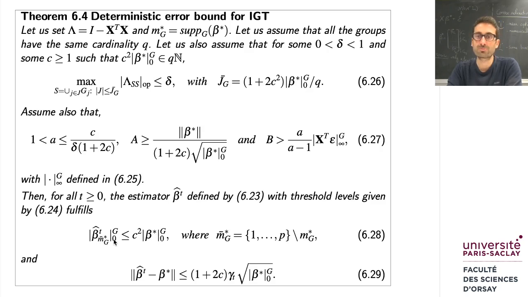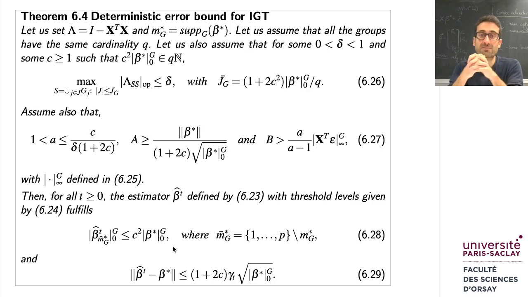So we do not select too many groups outside of the group support of beta star. This is really the same statement as before, but for groups. And we have this bound, which holds for all t, which tells you that the reconstruction error is smaller than a constant times gamma_t times the square root of the number of non-zero coefficients in beta star 0.